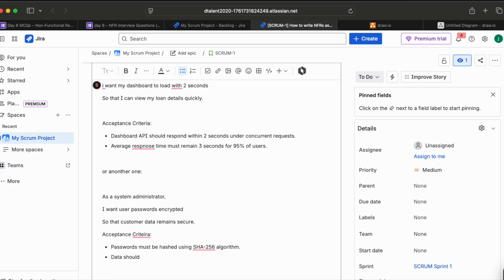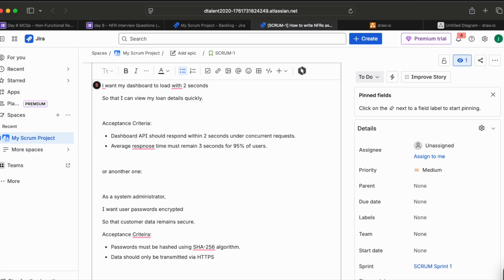Data should only be transmitted via HTTPS.